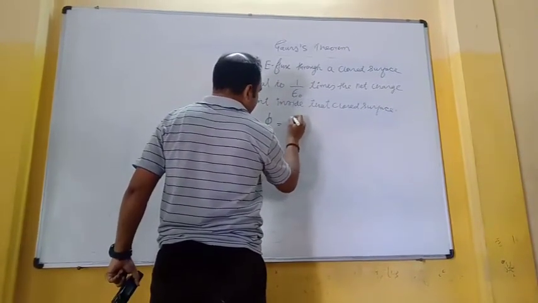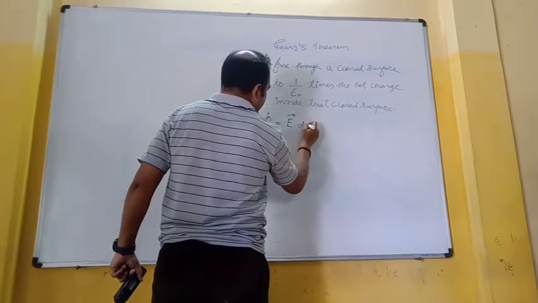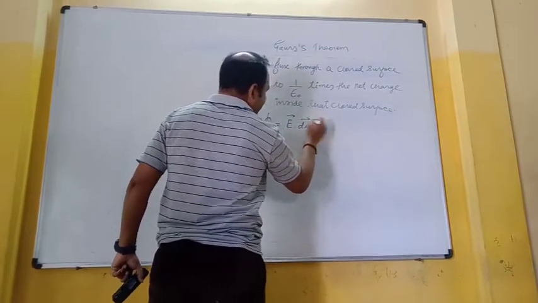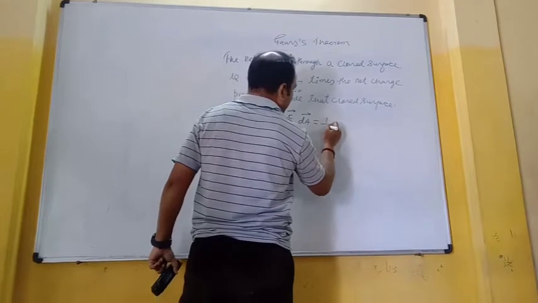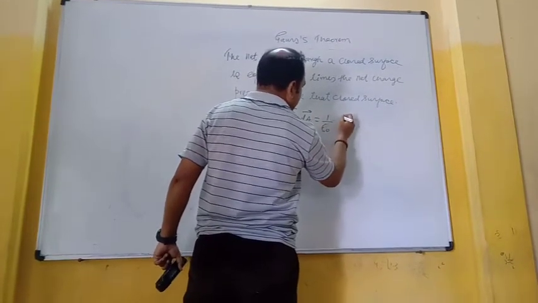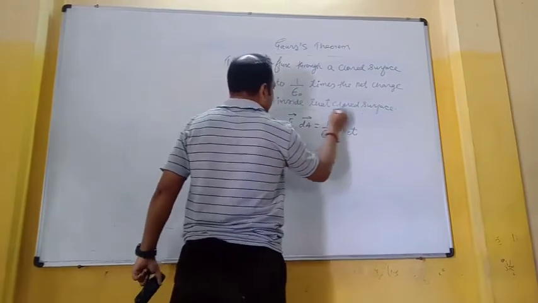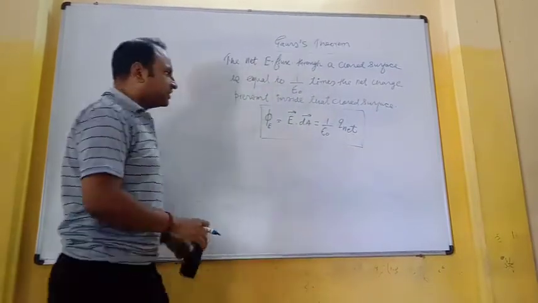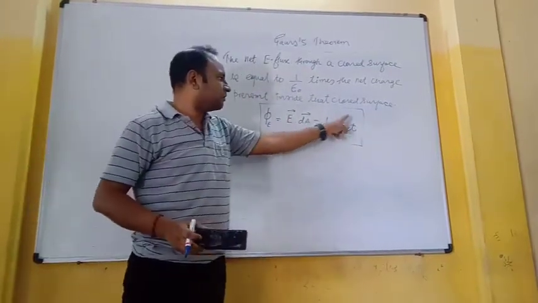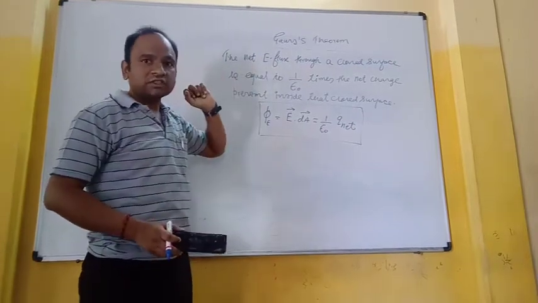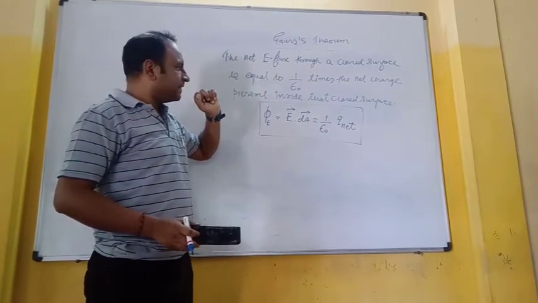We have defined it as the closed integral of E dot dA, and that would be equal to 1 upon epsilon 0 times the net charge present inside that closed surface. This is the mathematical form of what is called the Gauss's theorem.